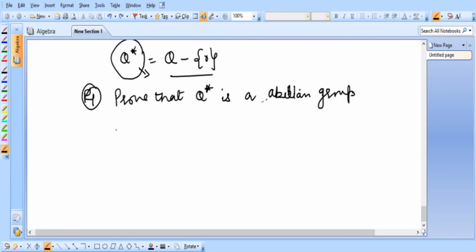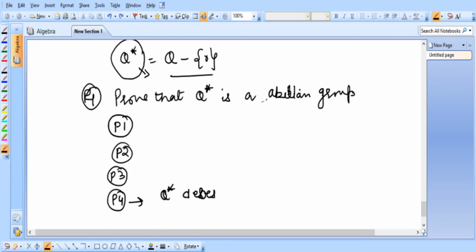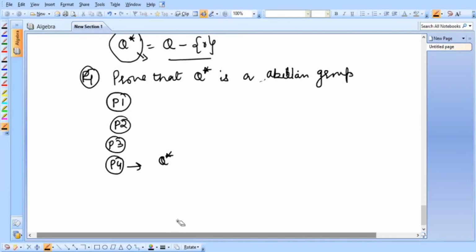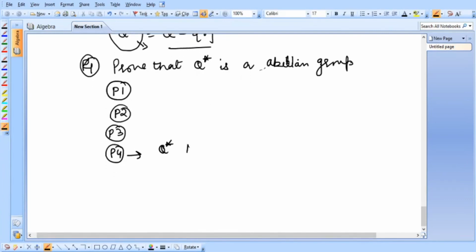So guys, it is pretty simple. Property 1 is the same as we did in problem 3, property 2 again the same, and property 3 the same, and property 4, because Q star does not contain 0, therefore this was the only problematic number, right?